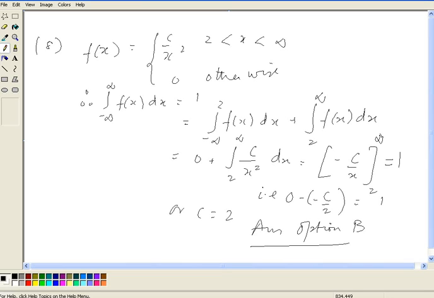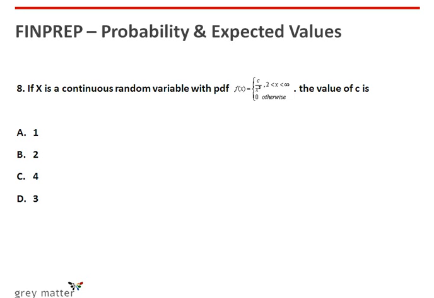So when we work out, we get the value for c as 2. So the answer is option B. Going to our PowerPoint presentation, it is option B, which says c equal to 2.